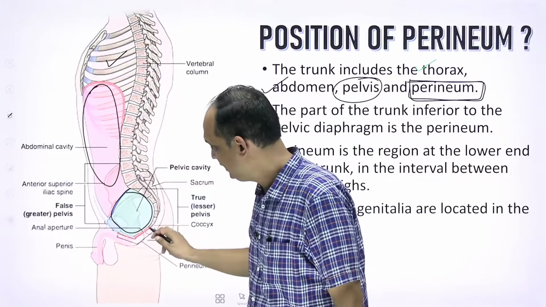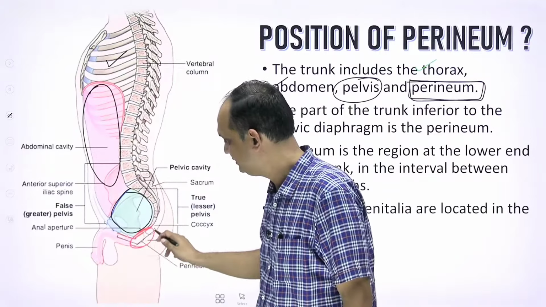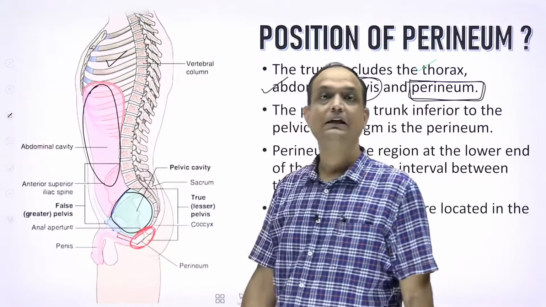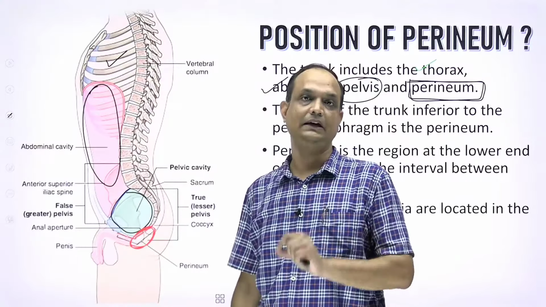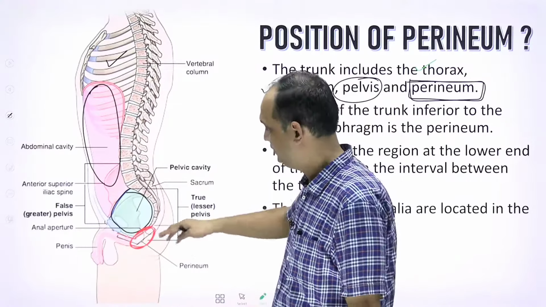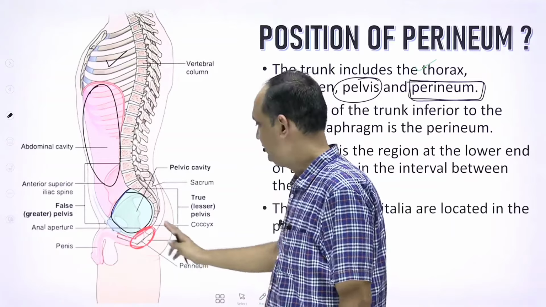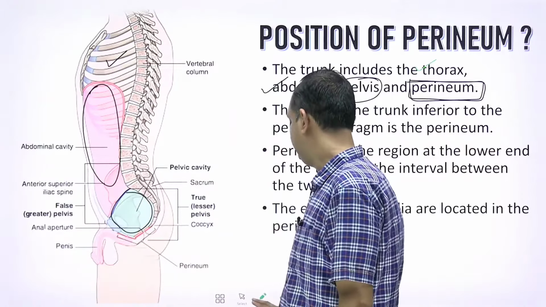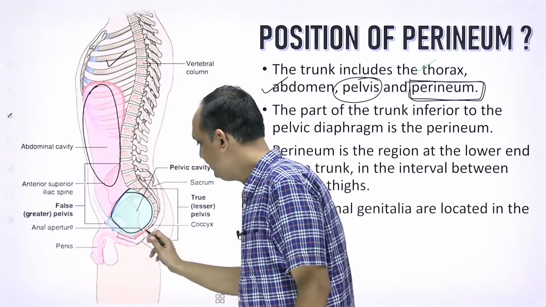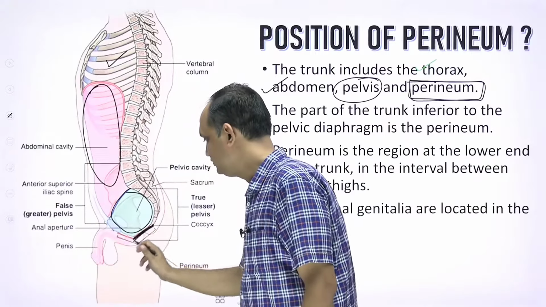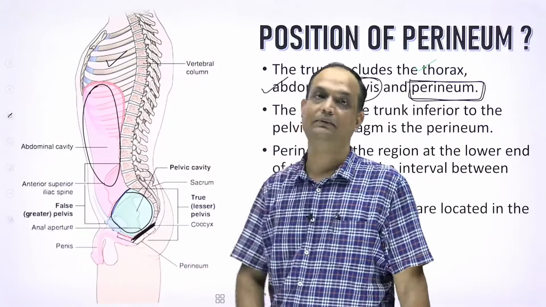This pelvic outlet, which is the exit of your pelvis, has the perineum, and the partition between the pelvis and perineum is a diaphragm, known as the pelvic diaphragm.